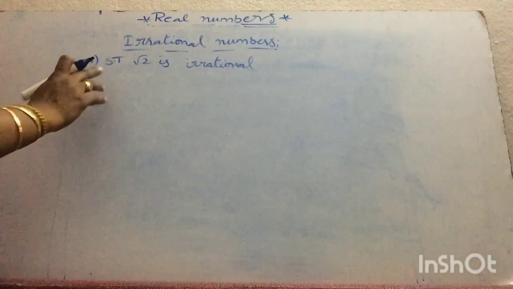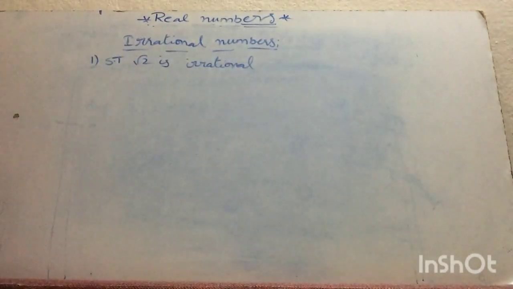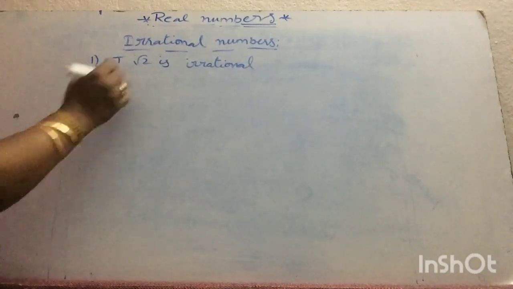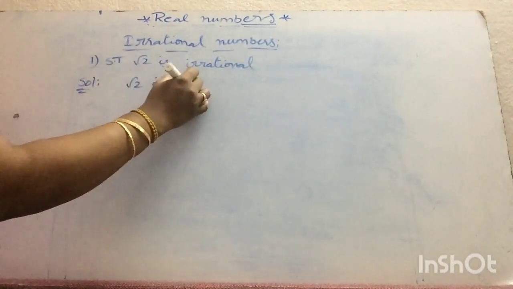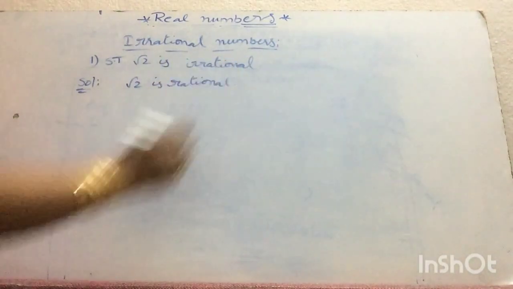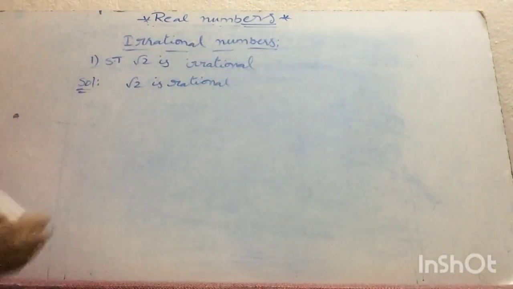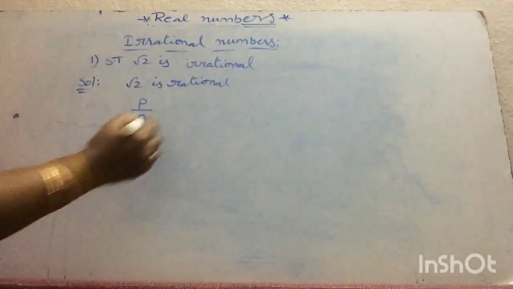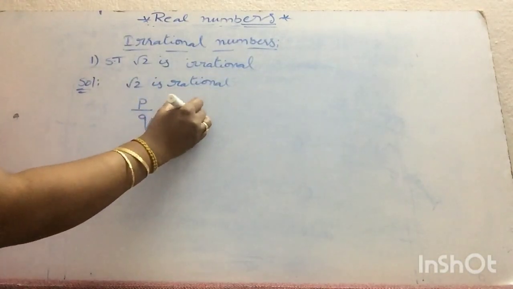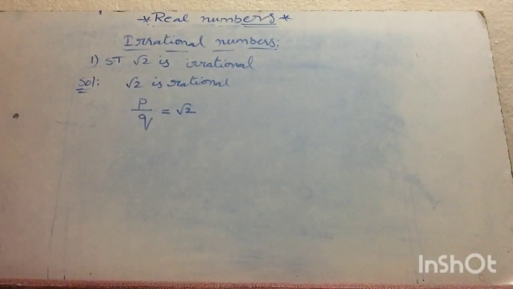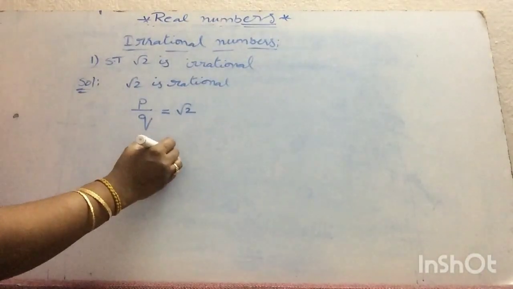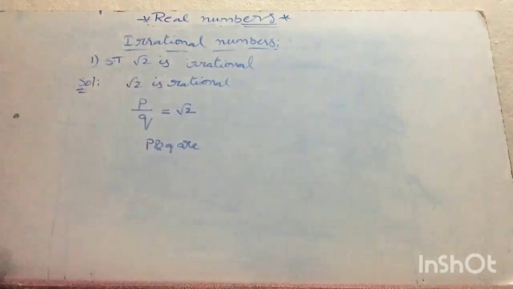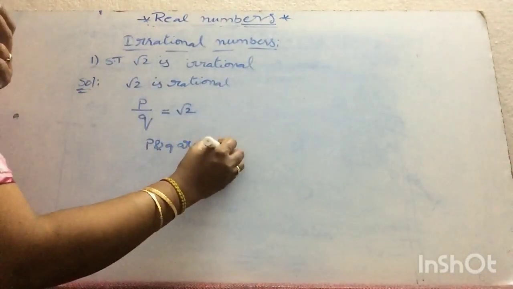Now I will give one example: show that root 2 is irrational. First let us assume root 2 is rational. That means we can write it in the form P by Q. Then P by Q equals root 2, where P and Q have no common factors.